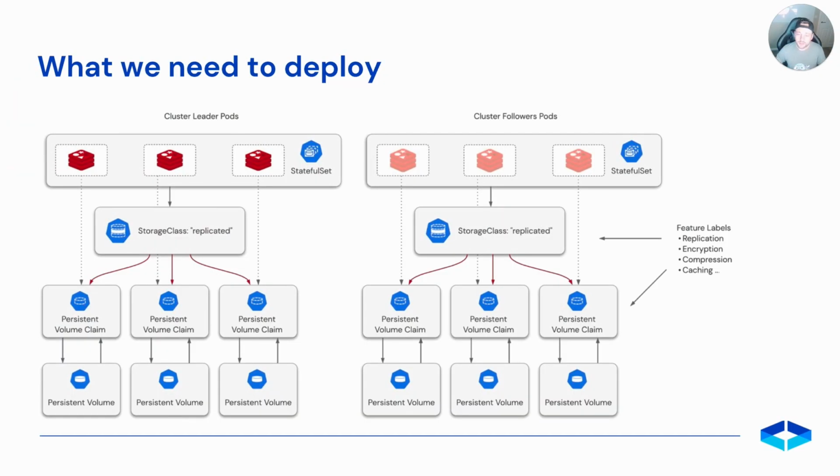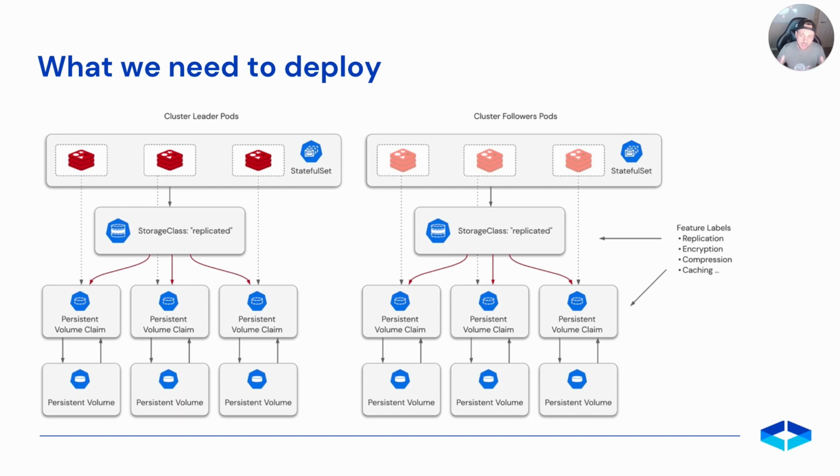The final architecture we want to deploy is the one that is currently displayed on the screen. This is going to be a Redis cluster with 3 leader pods as well as 3 follower pods. All the storage is going to be dynamically provisioned by the use of a storage class, which we are going to call replicated, and that will also specify a certain number of policies that will be applied to all the provisioned volumes.